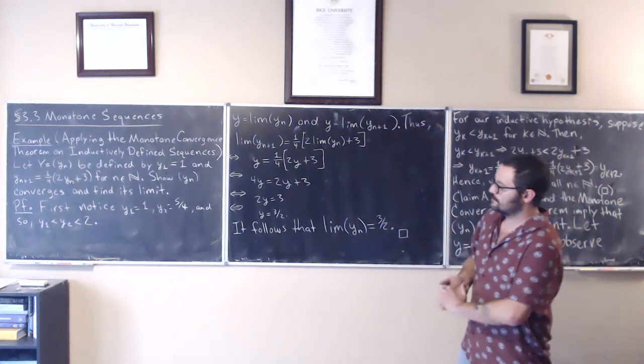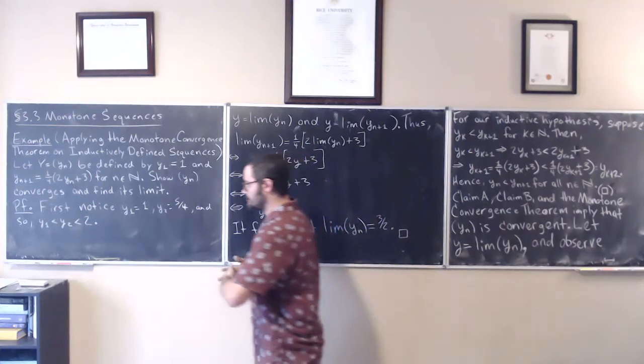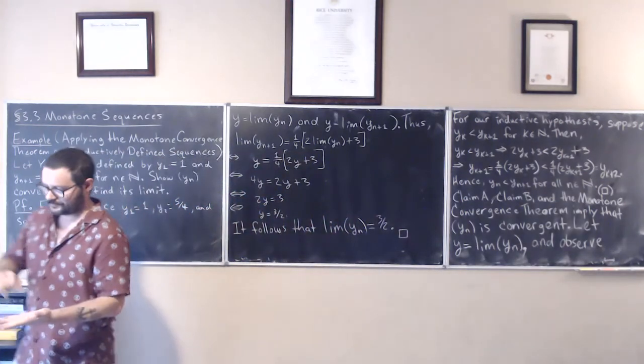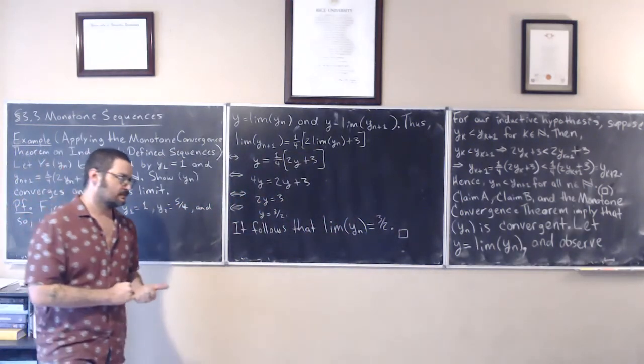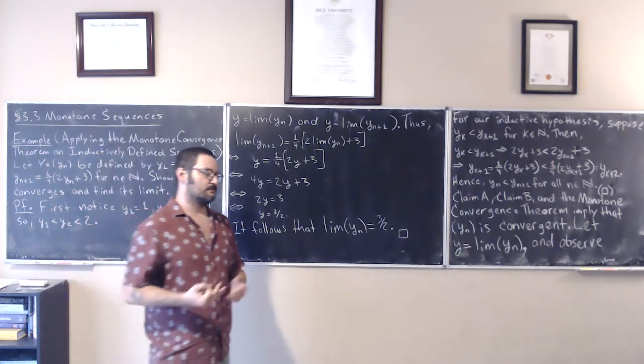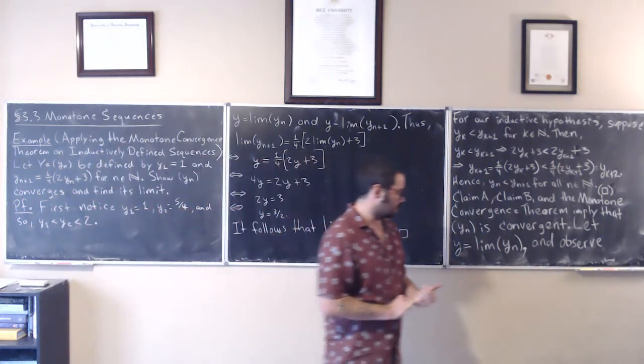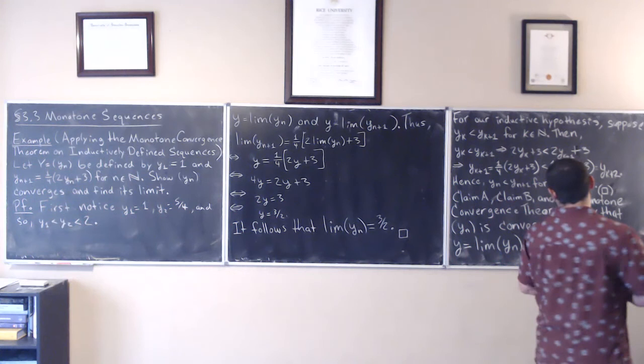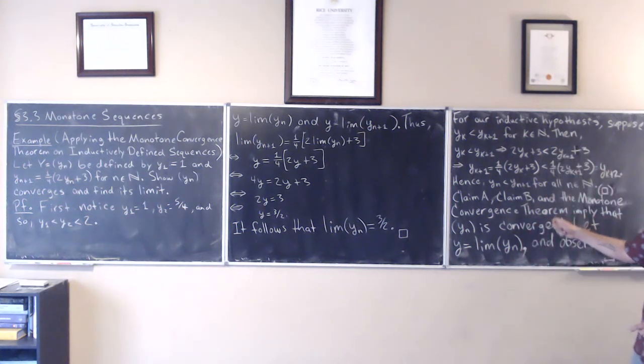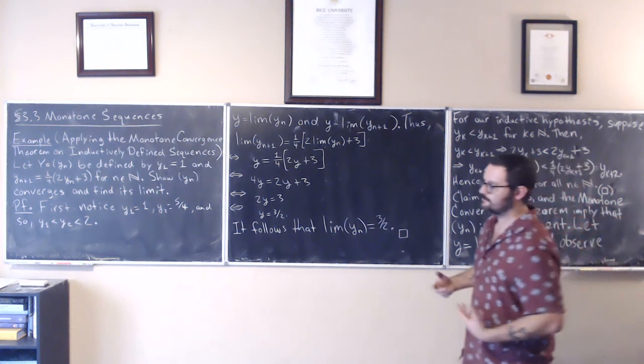Okay. So again, what were the techniques that we used? We showed that it was bounded. Then we showed that it was monotone by induction. After establishing those facts, we state the monotone convergence theorem, which means that our sequence does converge.